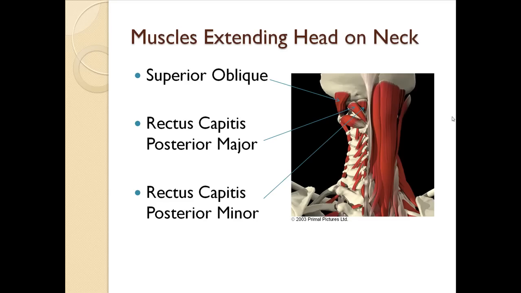Now, there's a handful of small muscles in the posterior aspects of the neck that can often become very overly tight. So these small muscles here, we've got rectus capitis posterior minor, rectus capitis posterior major. So these two are the two rectus muscles. We've then got the superior oblique here.